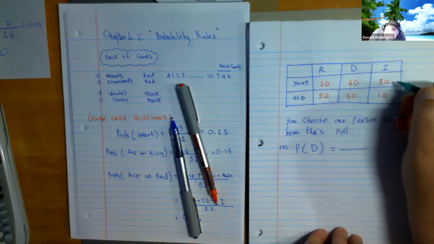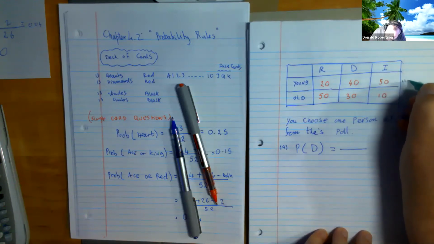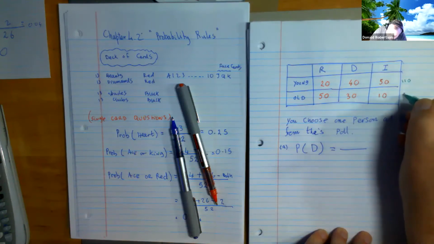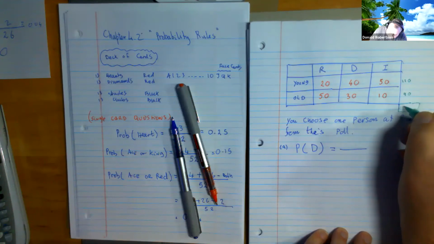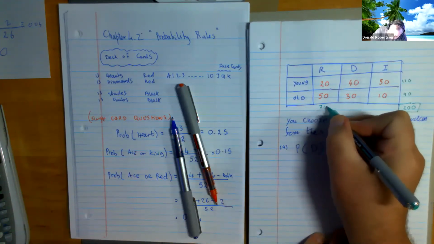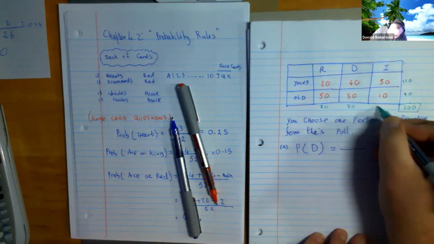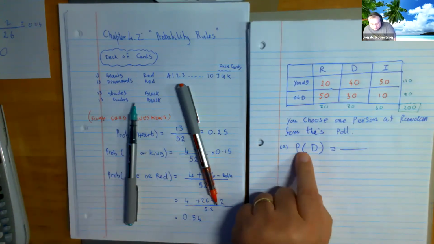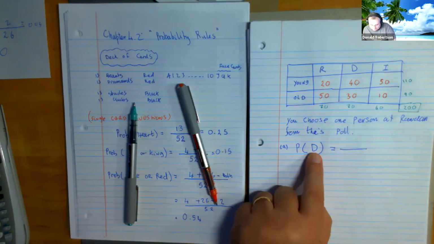If you add that top row up, you asked in total 110 young people. And on the bottom, you asked 90. Oh, I got kind of lucky here. Now, if you go down the way, there's 70 of these, there's 70 of these, and there's 60 of these. So the question was, what's the probability that you chose one person at random from this poll and they were a Democrat?